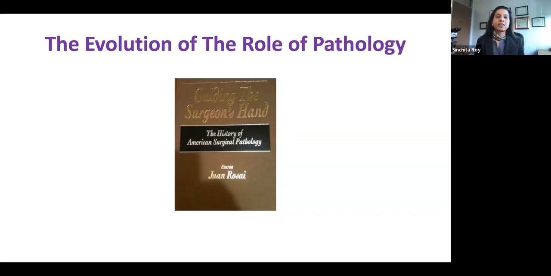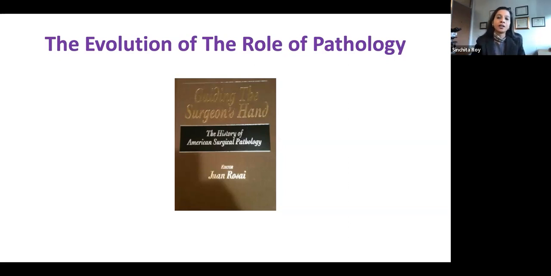But things have started evolving since then, right? With all of the technological advances, we're able to get adequate specimens using these minimally invasive techniques, like small biopsies, cytology specimens. And we can not only make diagnoses from them, but we're able to do some of the biomarker studies that are needed to guide the patient's management.